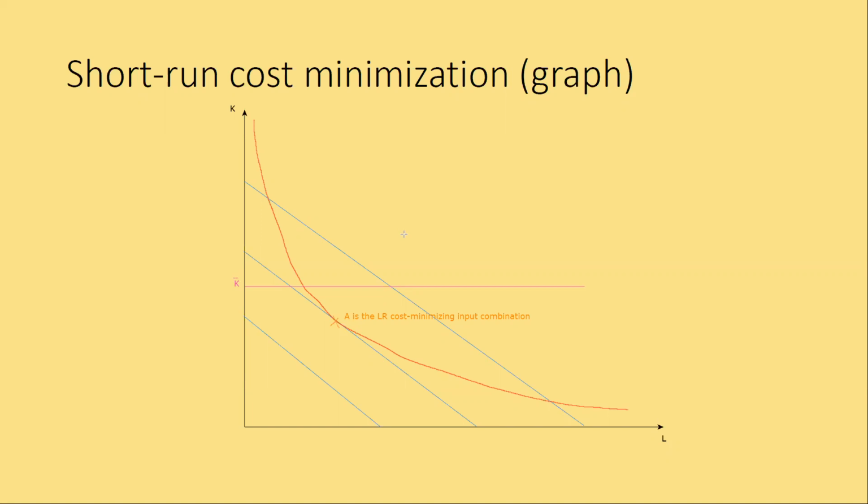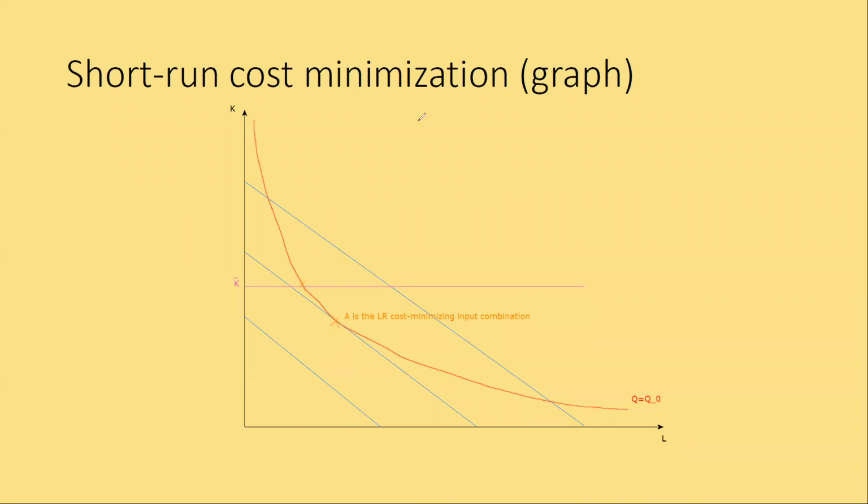Let's say we have our K bar that is fixed over here in the short run. So this means that the firm can only choose a point on this pink line. However, the firm must also choose a point that is on the isoquant, right? So this means that the firm is essentially left with no choice but to produce at this point over here.